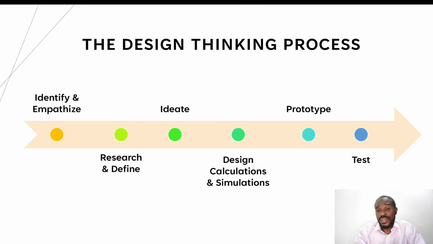So what is the design thinking process? Now there could be many different models of the design thinking process, but their skeleton is basically the same, right? So the first thing you do in the design thinking process is to identify a problem and to empathize. Then you research that problem, then you define it properly so that it guides your ideation process, it guides your problem solution generation process.